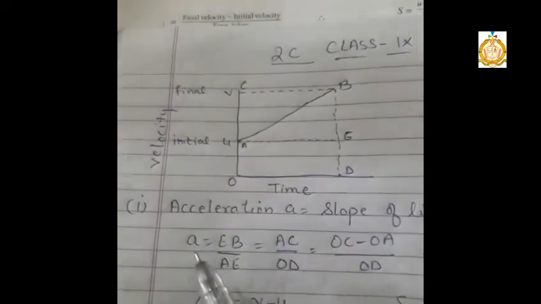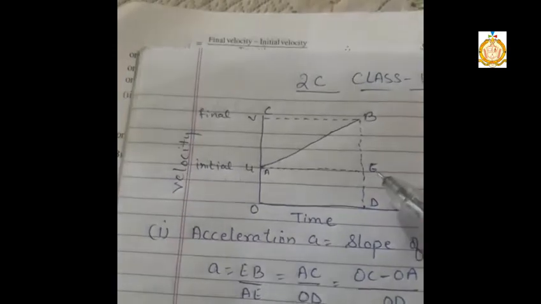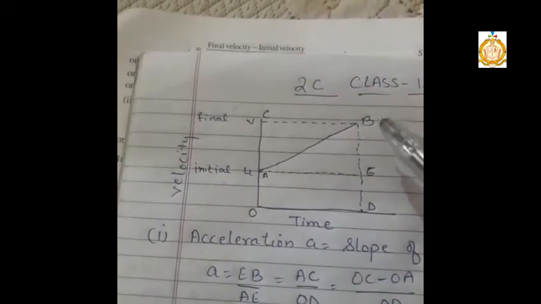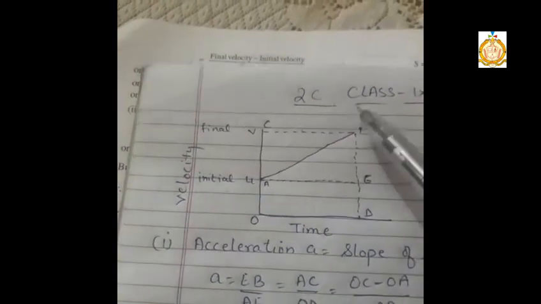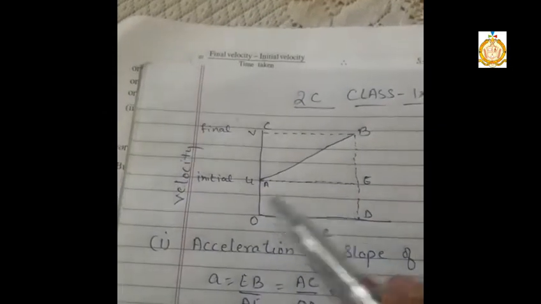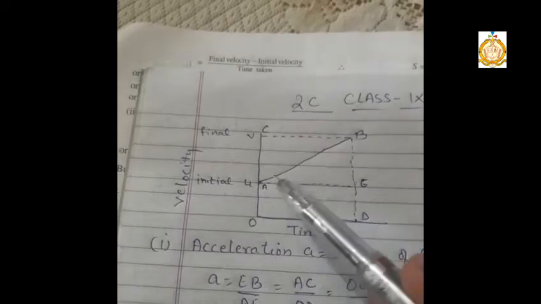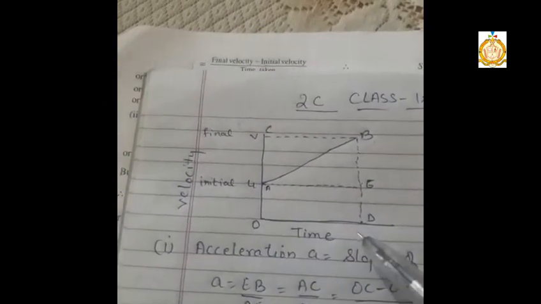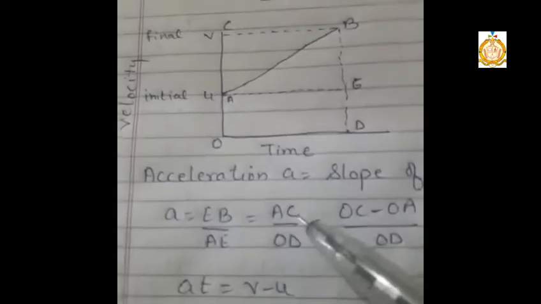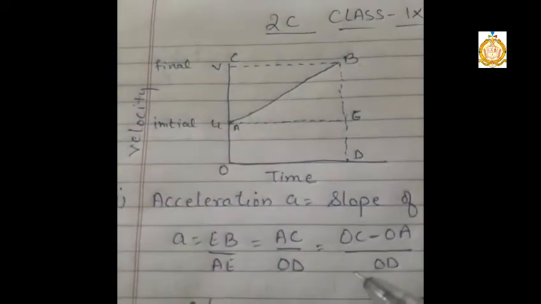So a is equal to EB upon AE, where AE is parallel to the x-axis. EB is equal to AC, and AE is equal to OD. We can write a is equal to AC upon OD.